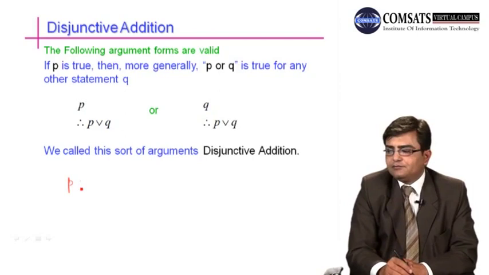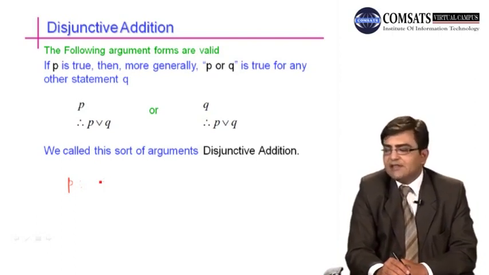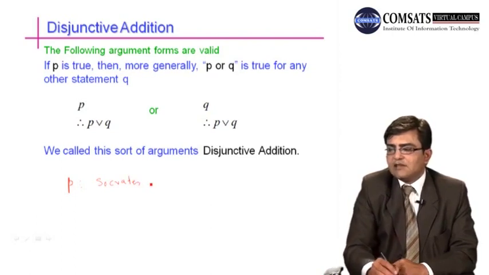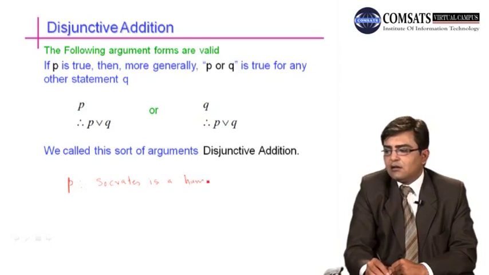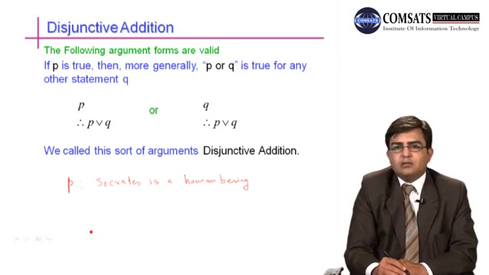For example, we have given Socrates is a human being. We have seen the example earlier. That is a human being. Now this is true.